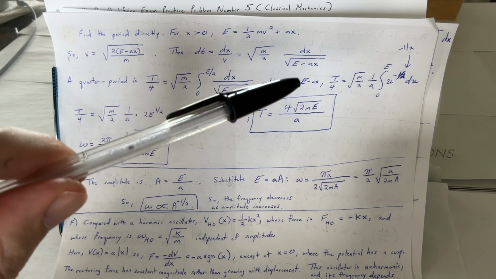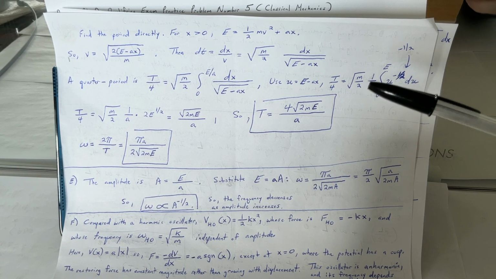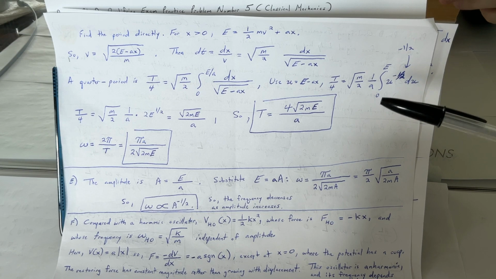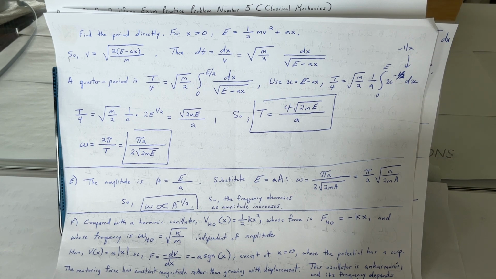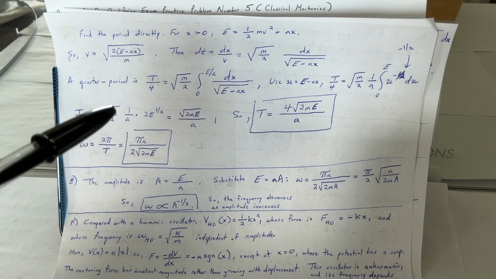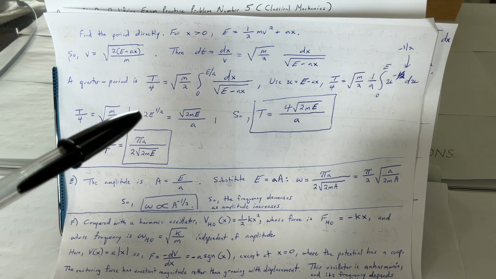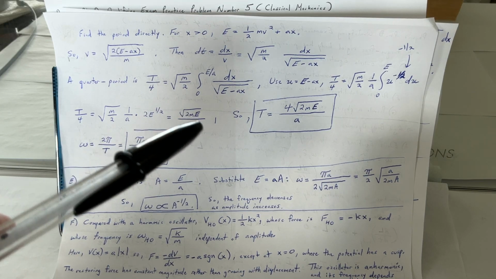And if we use u equals E minus ax, T over 4 equals the square root of m over 2 times 1 over a times the integral from 0 to E of u to the -1/2 du. Sorry, that's a -1/2. So T over 4 equals the square root of m over 2 times 1 over a times 2E to the 1/2, which is the square root of 2mE over a.